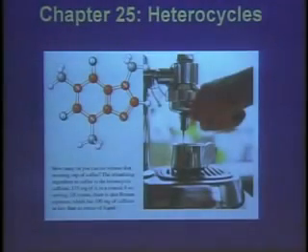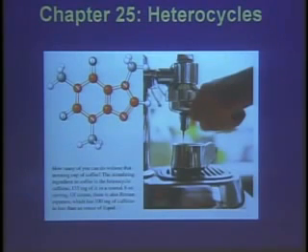Okay, so much for the sugars. Now let's move on to another class of compounds, or summarize what we've learned already about another class of compounds and expand a little bit on them, and that is heterocycles. So heterocycles are called such to distinguish them from carbocycles, which are rings based purely on carbon.